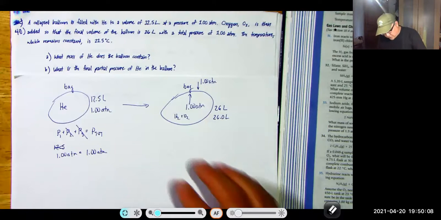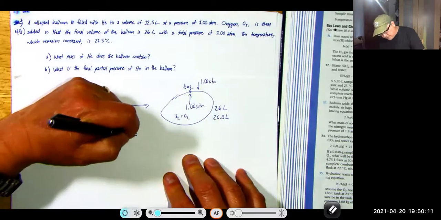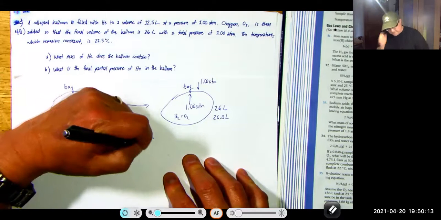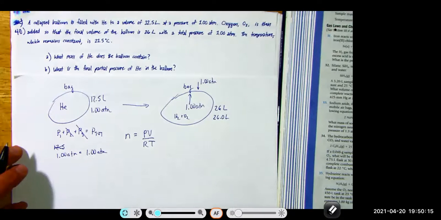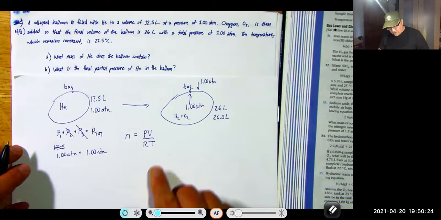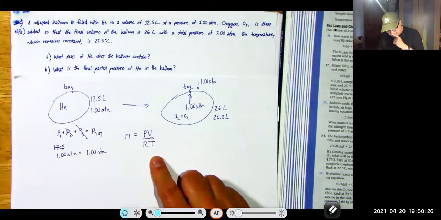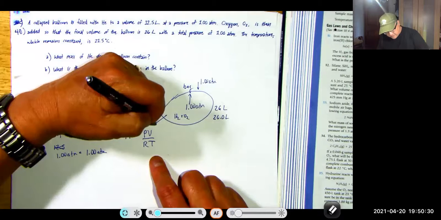Okay. So the moles is equal to PV over RT, right? Right. And that's here, but it's also here.